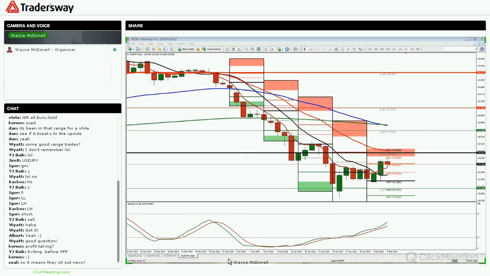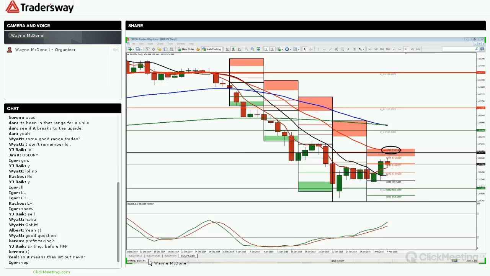Isn't that our dynamic level of resistance in which we should consider selling in a downtrend right there? And how about pivot point theory? Isn't this red zone the predicted top for the week? What about price action? Isn't this a roll reversal sell zone?